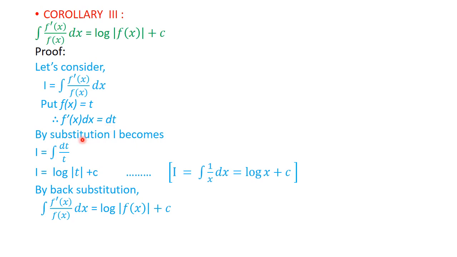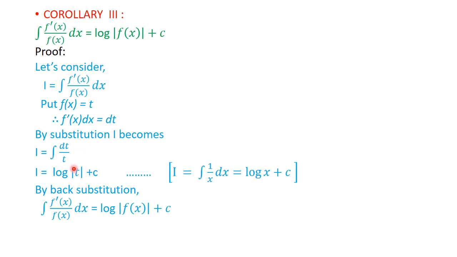After substitution, we get integration of dt by t, that is 1 by t into dt. Here the reference is given: integration of 1 by x with respect to x is equal to log x. Therefore integration of 1 by t is log t plus c.